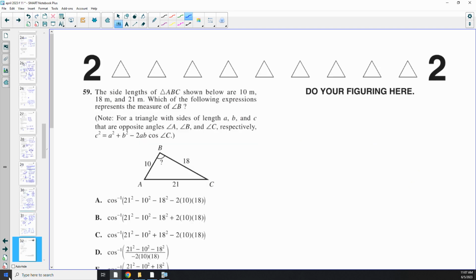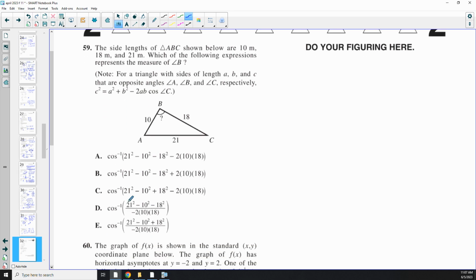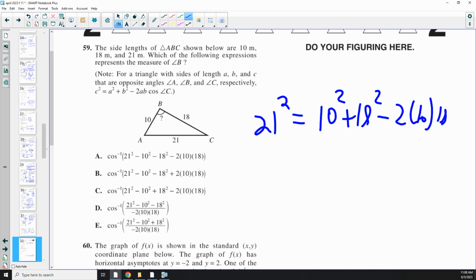That's strange. And now the law of cosines. We're looking for angle B, so who knows the law of cosines? 21 squared has to equal the other 2 squareds minus twice their product times the cosine of B, which is ultimately what I have to solve for.